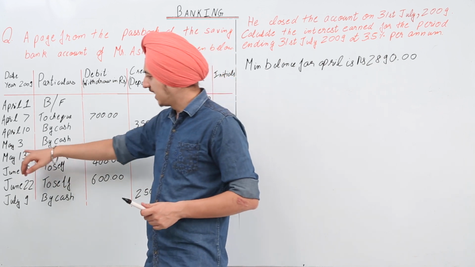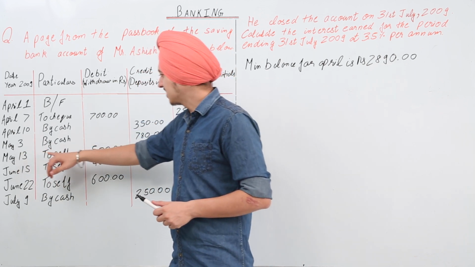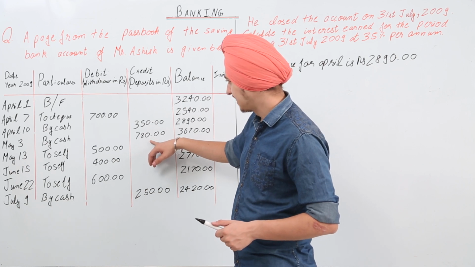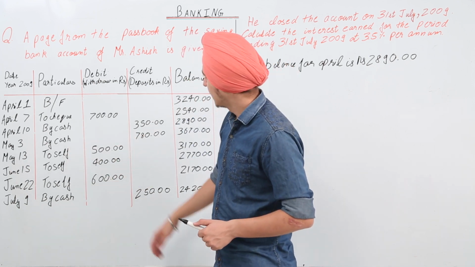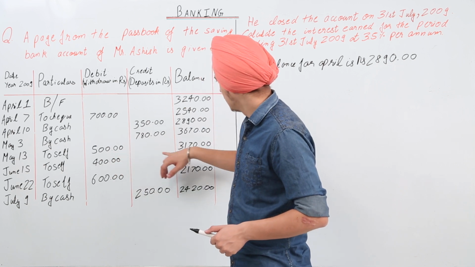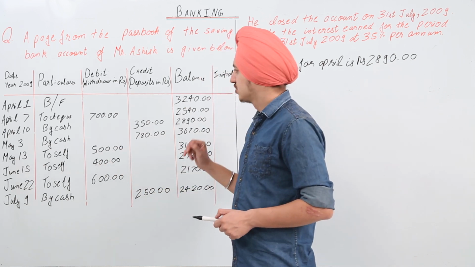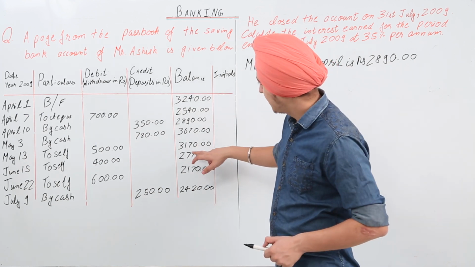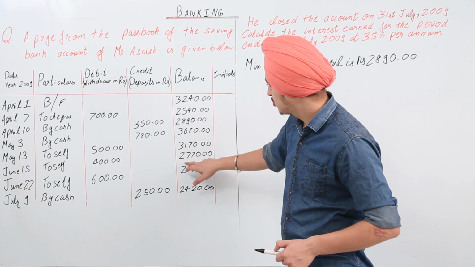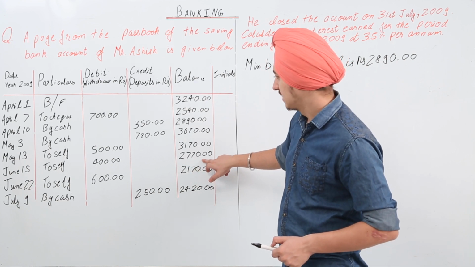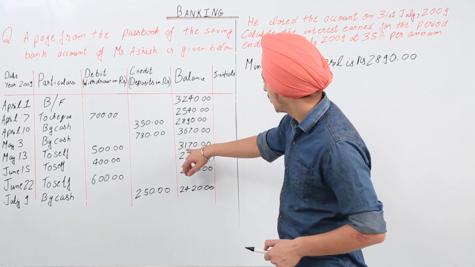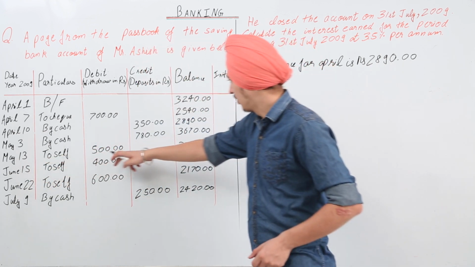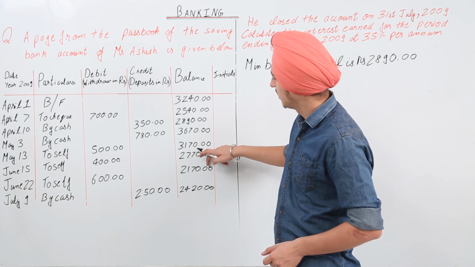In the month of May, the transactions made are: there has been a deposit of rupees 780 on 3rd of May, and there has been a withdrawal of 500 rupees on the 13th of May. So the minimum balance between 10th and the ending of May is, from here we have rupees 2770, because this is, I'm sorry, rupees 3170 is the balance for the entry made on 13th of May.